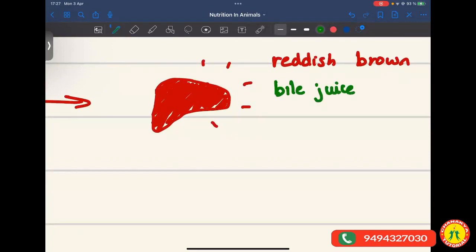The bile juice is secreted by the liver. There's a small sac over here, which stores the bile juice. This sac is called the gallbladder.